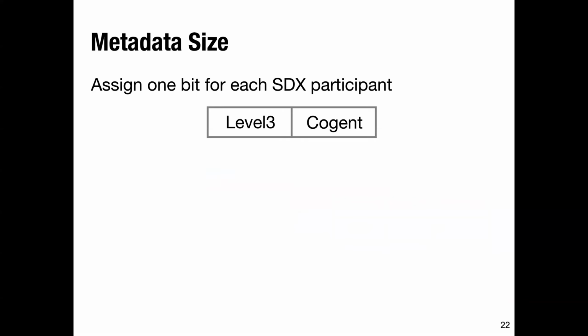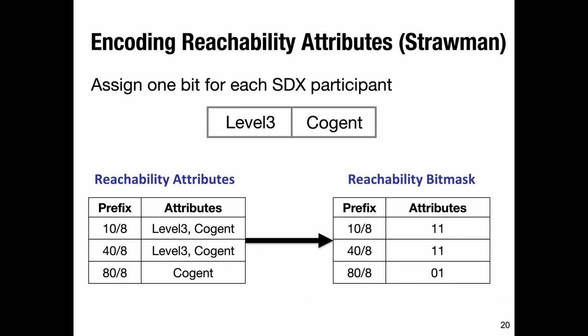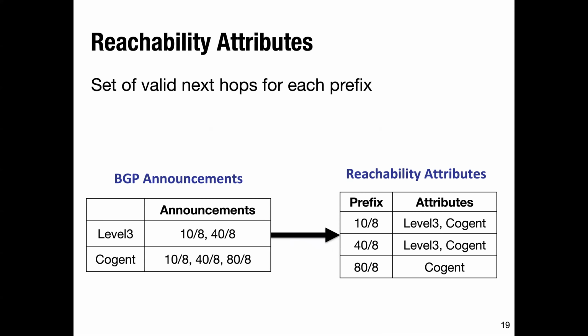Now I think you might be wondering, because you have read the SDX paper, and the SDX paper does not have this scheme, right? It had a different scheme. So now maybe this is a question for you folks.